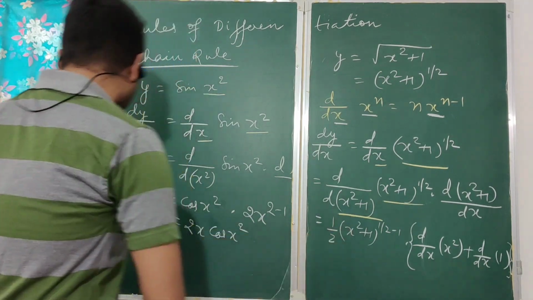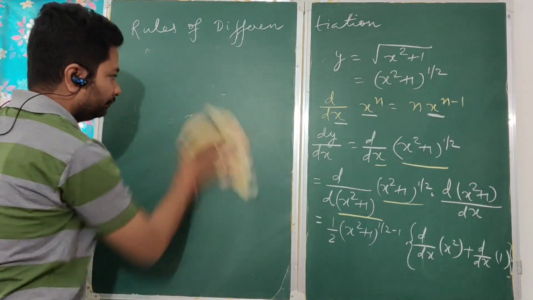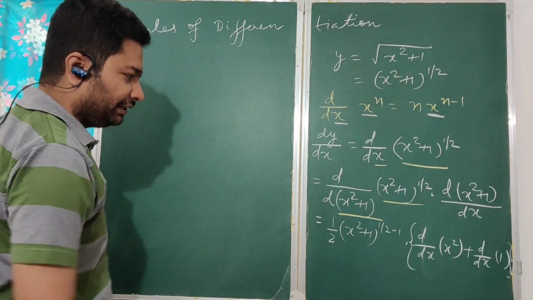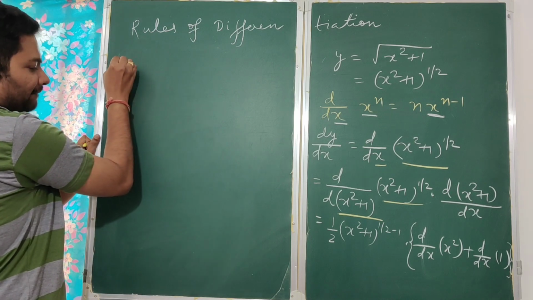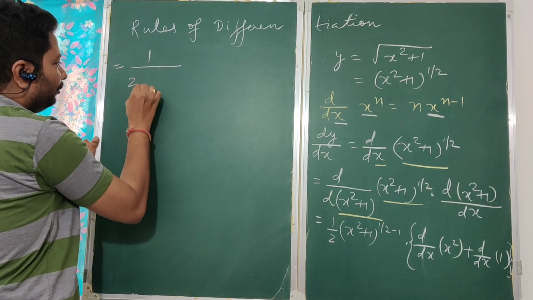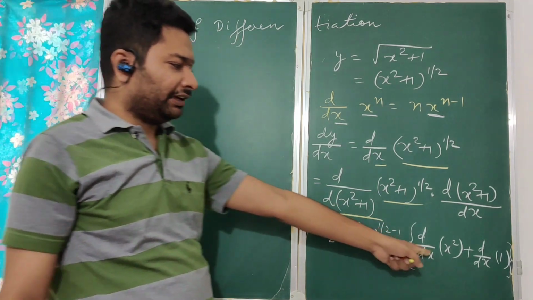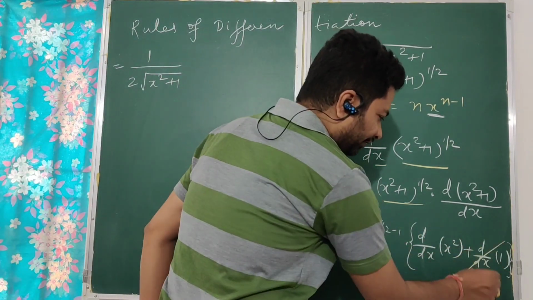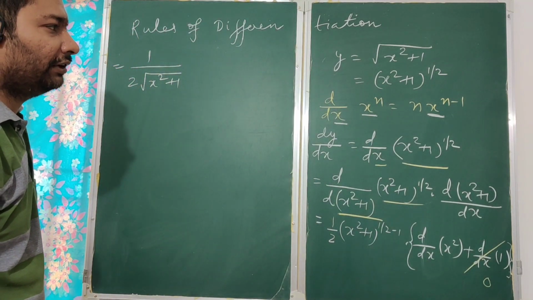So what is the differentiation of this? It will be 1 by twice root of x square plus 1, d by dx of x square is 2x, and differentiation of a constant is 0.